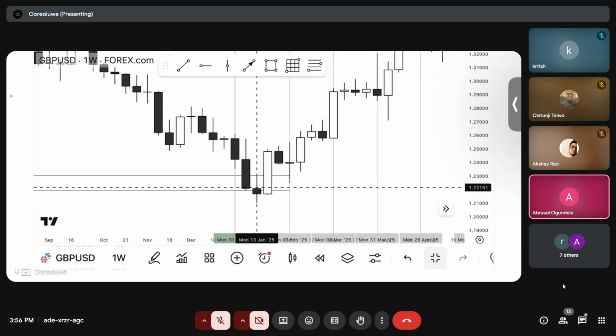Yes, yes. You draw it and you expect price to take maybe Asian highs or lows into a key level, or into a point of your standard deviation. Okay, okay.